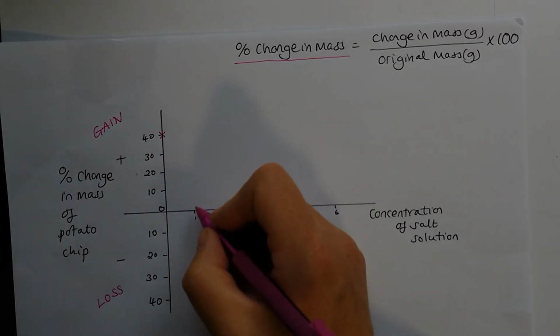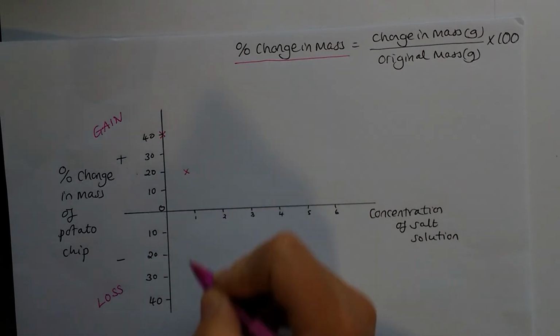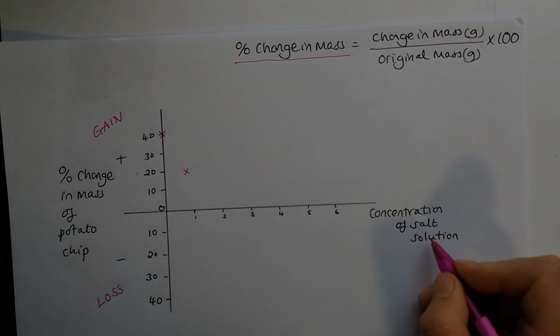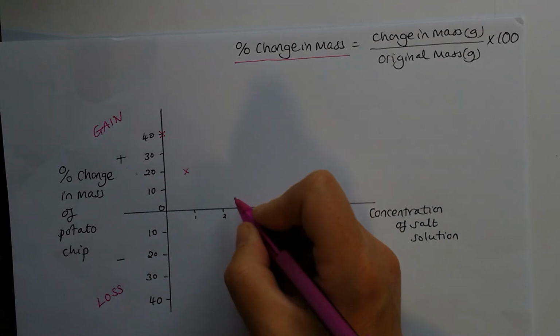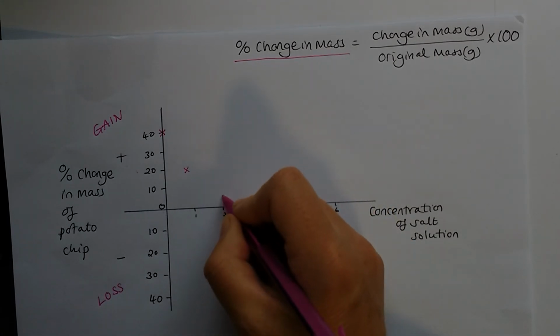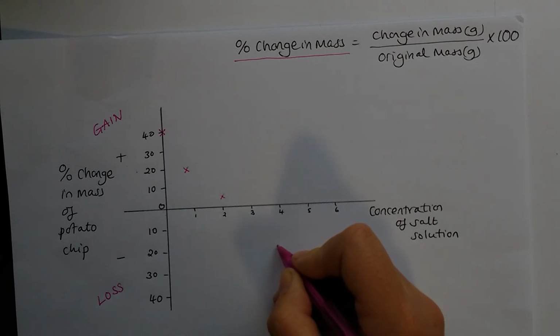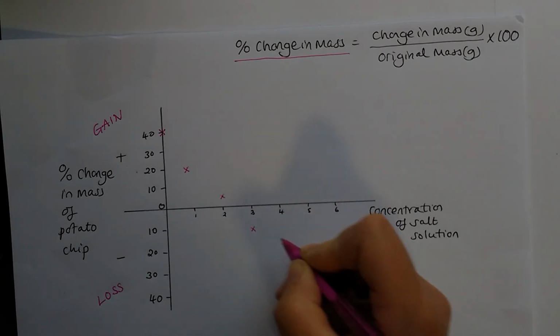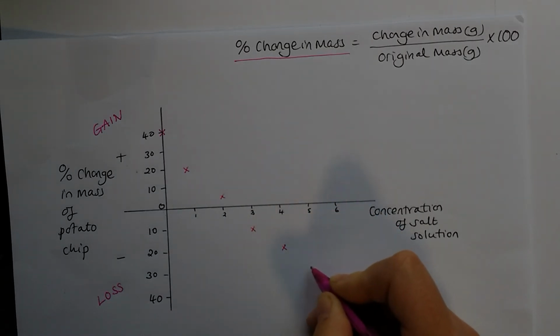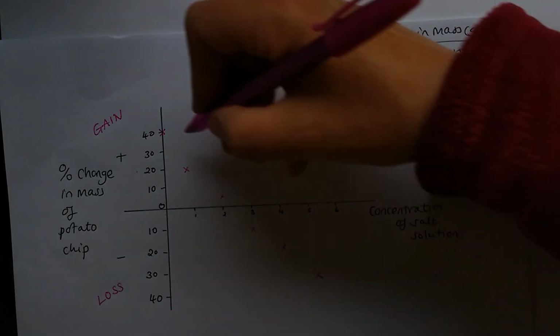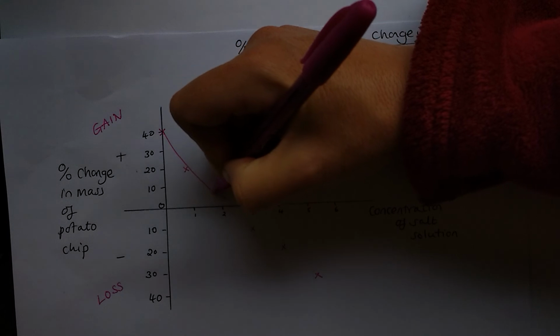You're going to have a slightly smaller gain in mass as your solution becomes less concentrated. Let's say we had something like here, and as we get more concentrated, we're going to find that the chip is shrinking. So you might end up with a graph that looks something like this.